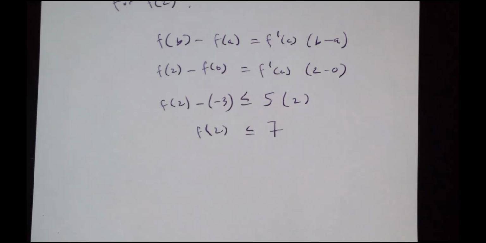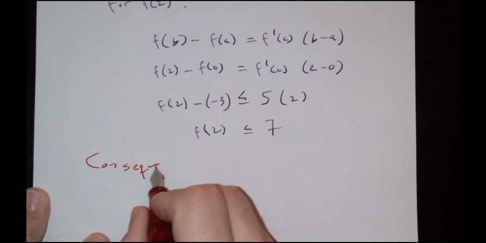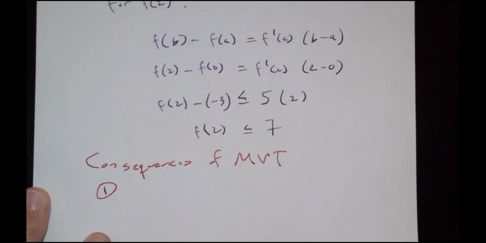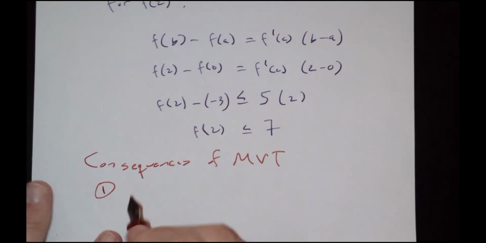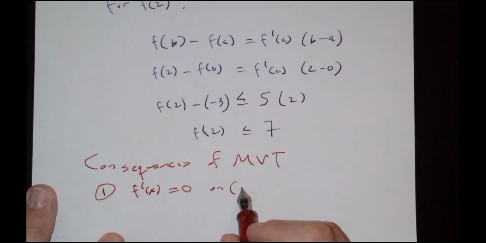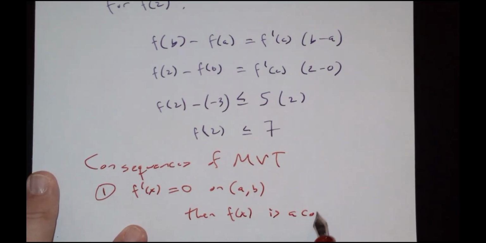Two notes. Consequences of the mean value theorem. Number 1: if my derivative is equal to 0 on every point between a and b, then f of x is a constant on that entire interval.